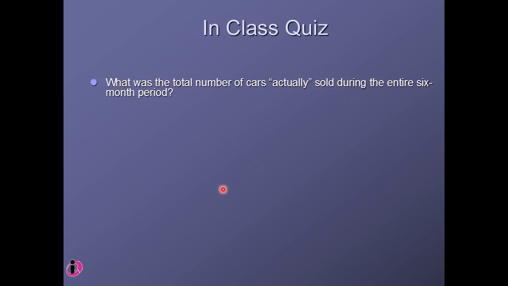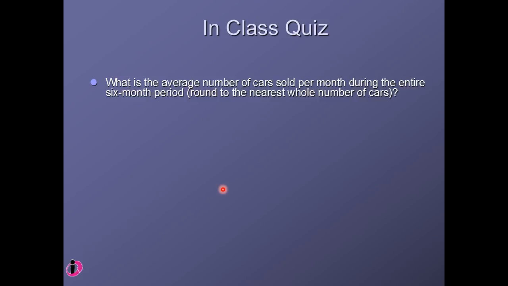What is the actual number of cars sold? We'll be adding the numbers associated with all the black bars. It's pretty easy, for each and every month of the 6-month period. What is the average number of cars sold per month during the entire 6-month period? So it's just dividing by 6, right? Once you know the total, coming from summing up all the black bars, you divide by 6, because it's a 6-month period. That will give us the average cars sold for the period.